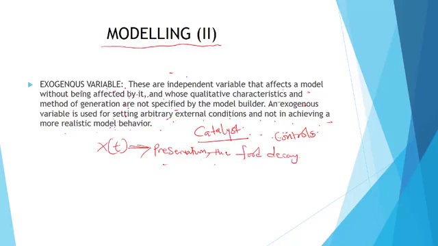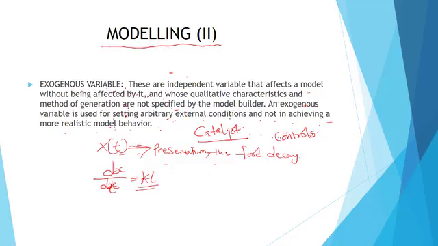Now if we want to check the rate of decay, we'll say dx over dt is equal to, and we'll add a constant to it.